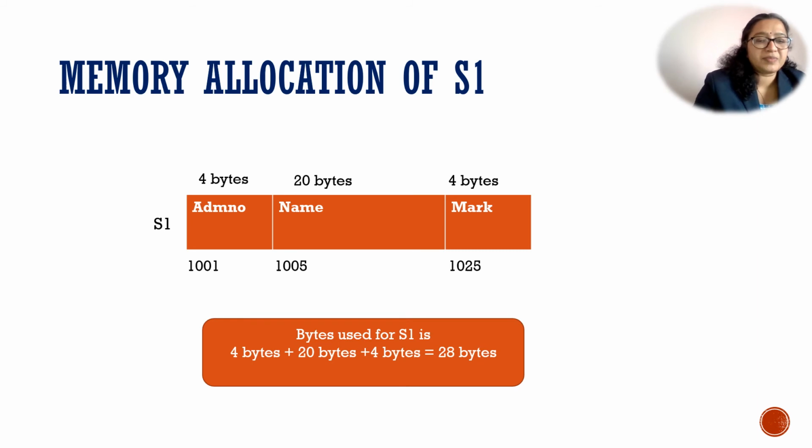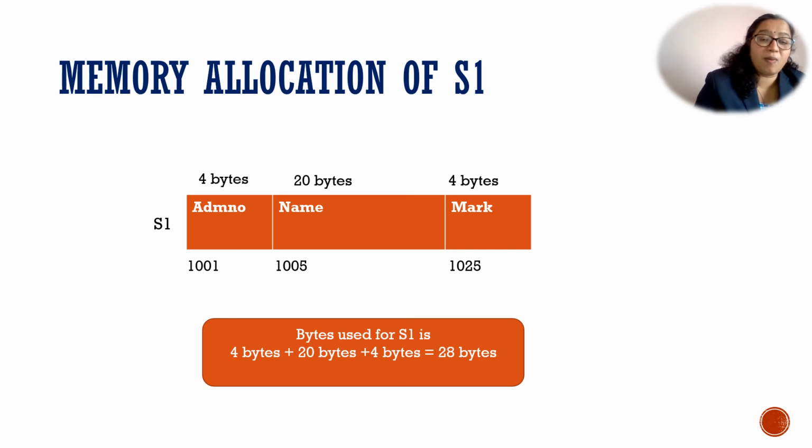So here the base address, the memory allocation address of S1, is 1001. So 4 bytes will be taken for admission number. So 1001 to 1004 is allocated for admission number. Then 1005 to 1024, 20 bytes, the name will occupy.